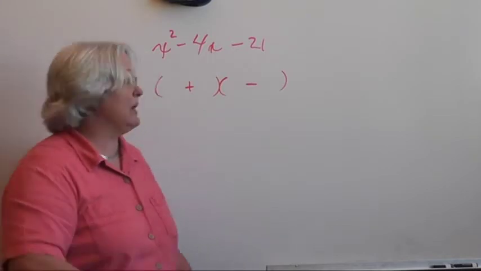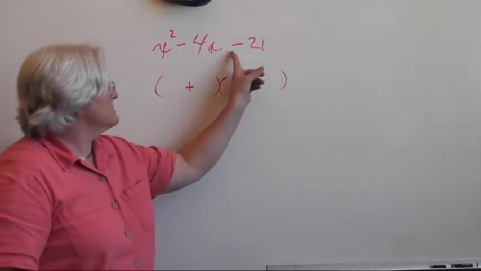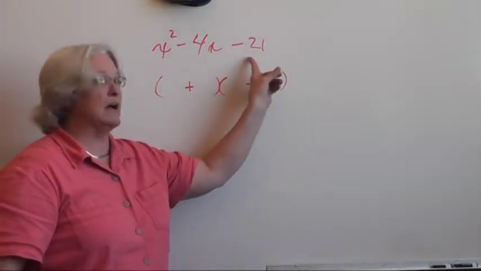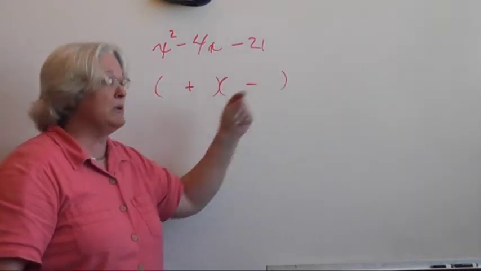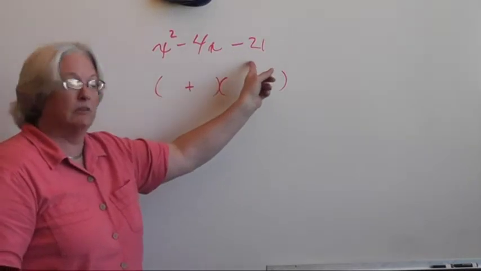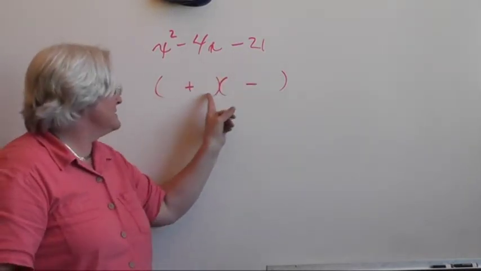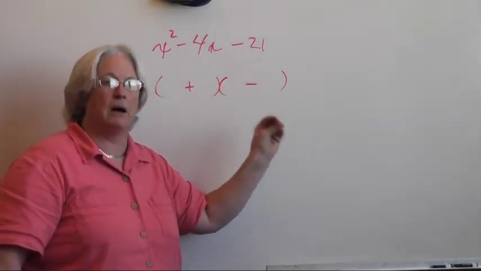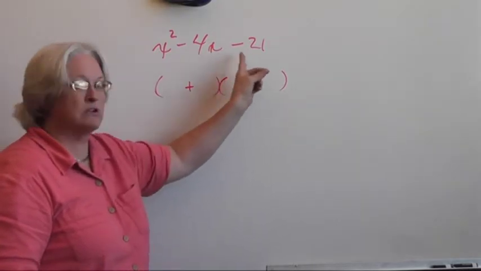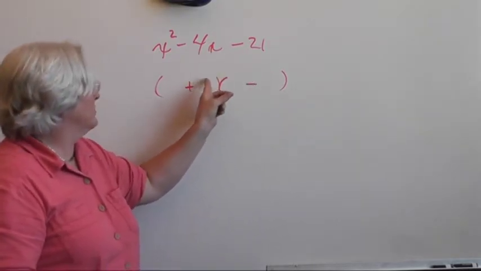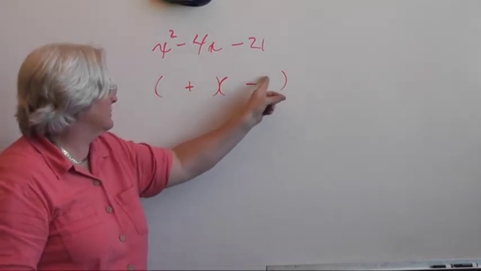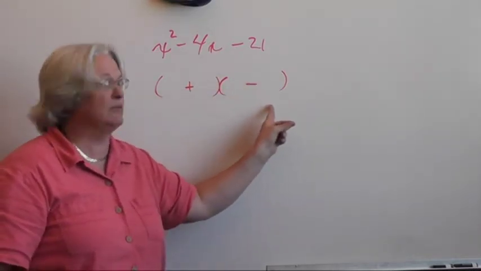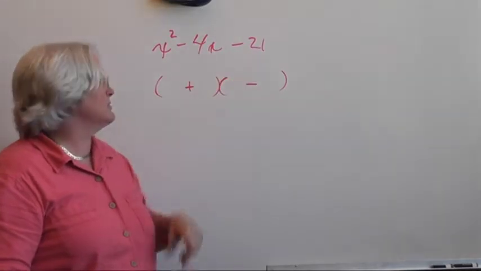And how can we tell that? Well, we look at the sign of this last term. If the sign of this last term is negative, we have to have oppositely signed binomials, because this last term comes from the product of the last terms in these binomials. So we have to get positive times negative to give us a negative answer.